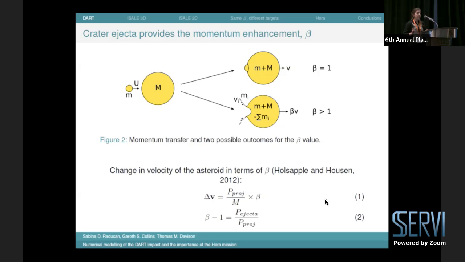What's important to remember is that the larger the beta, the more deflection we can expect from the Dart impact. However, we do know that beta depends largely on the target material properties, and we know that from laboratory experiments and from numerical simulations. Unfortunately, we do not know exactly what to expect from the Moon.